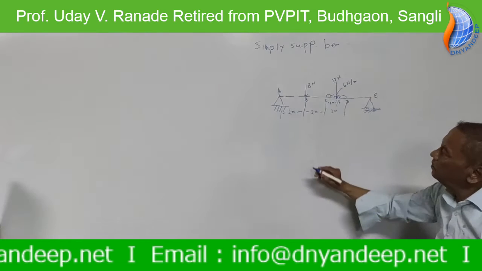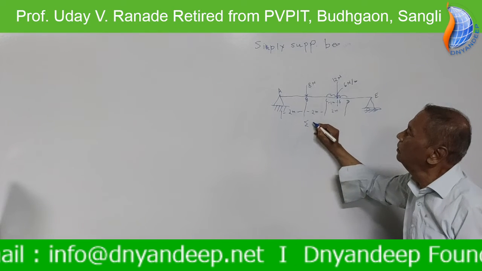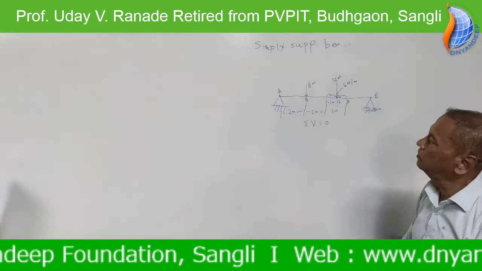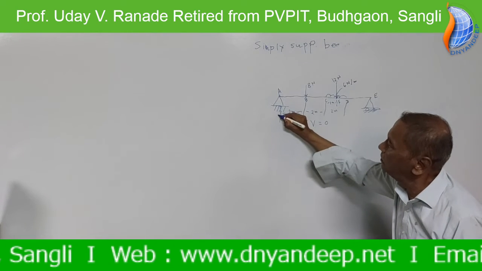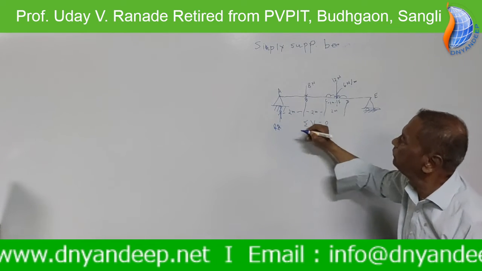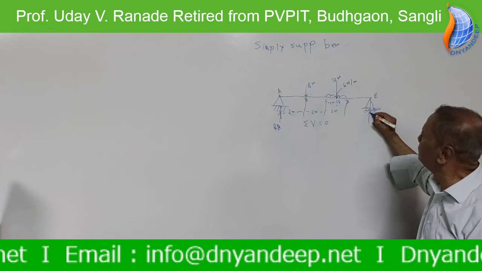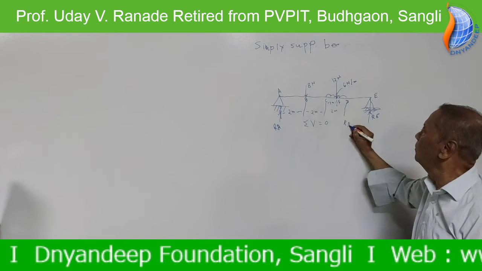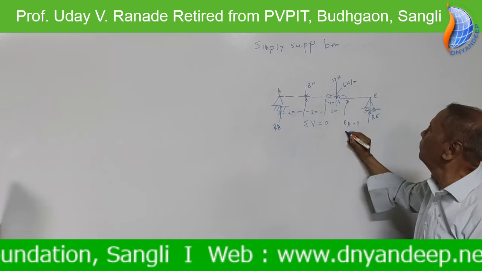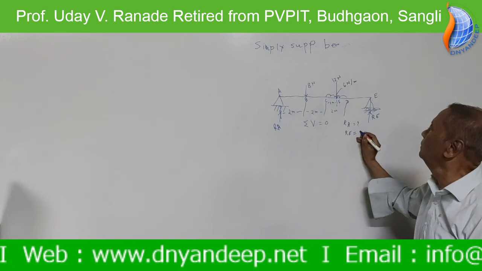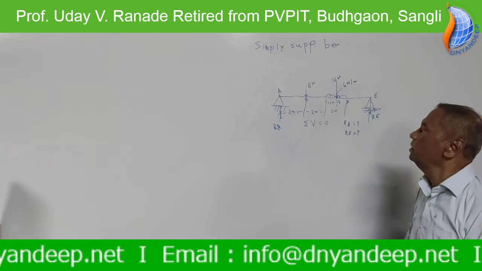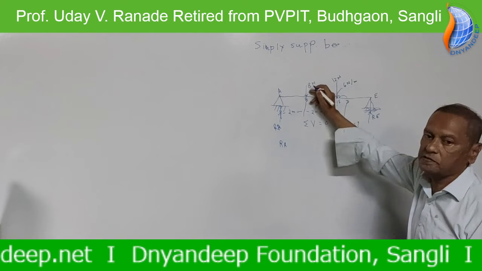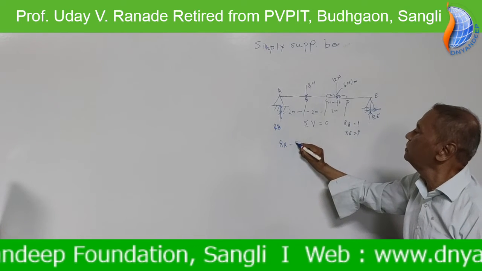Now, conditions of equilibrium. In this case, sigma V equal to 0. Sigma H doesn't exist. Suppose RA is the reaction, RE is the reaction. Our problem is, what is RA? What is RE? Now sigma V equal to 0. RA, now this is downward, so minus 8.